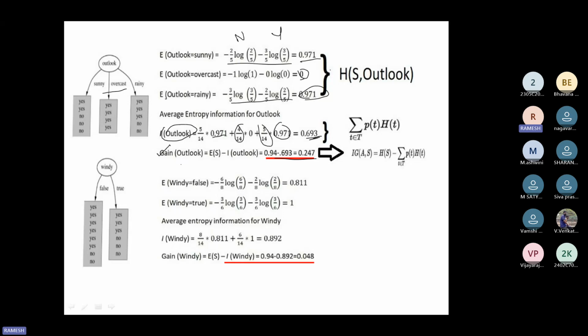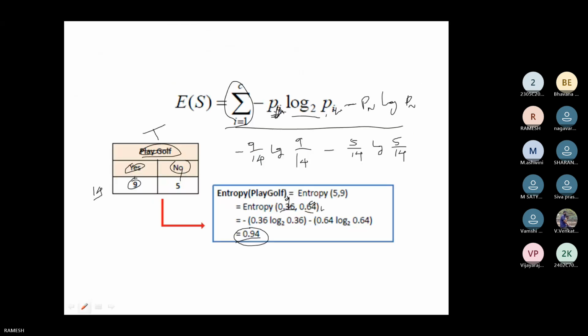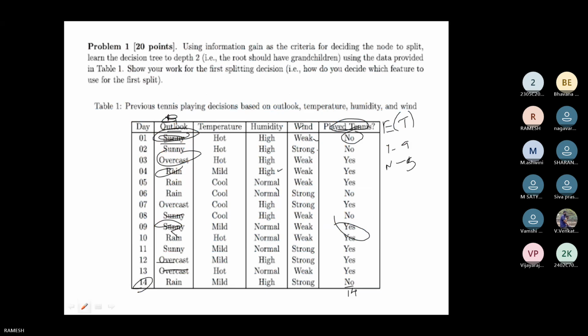Now look at the entropy of windy. We'll calculate the entropy of wind. Now the entropy of windy, that is the last feature, x4.